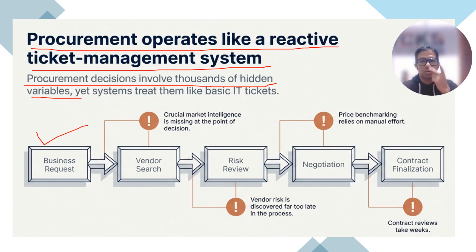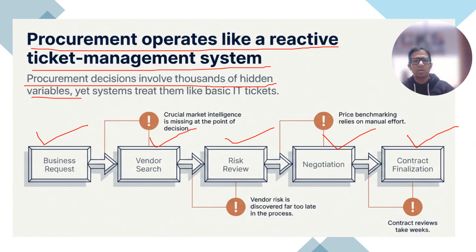Business request, then vendor search, then risk review, then negotiation, and then finally contract and finalization. Here is the standard flow. A business request comes in, procurement searches vendors, then risk review, then negotiation is going on, and then contract finalization, meaning finalize the contract in the end.